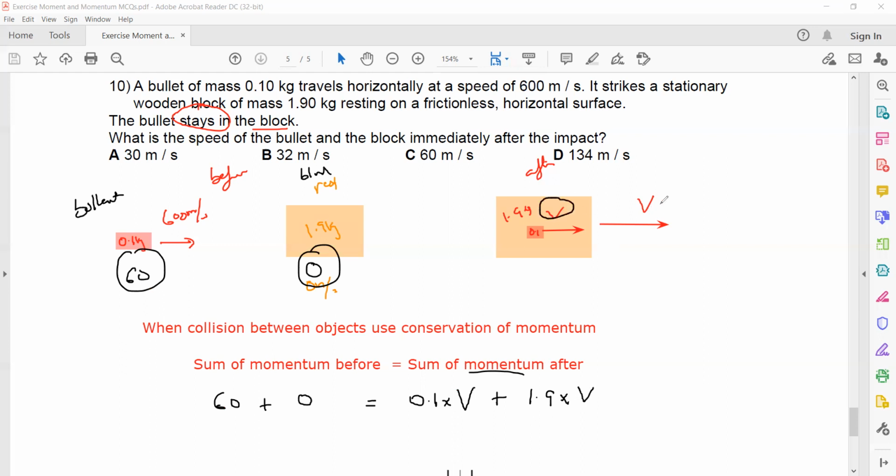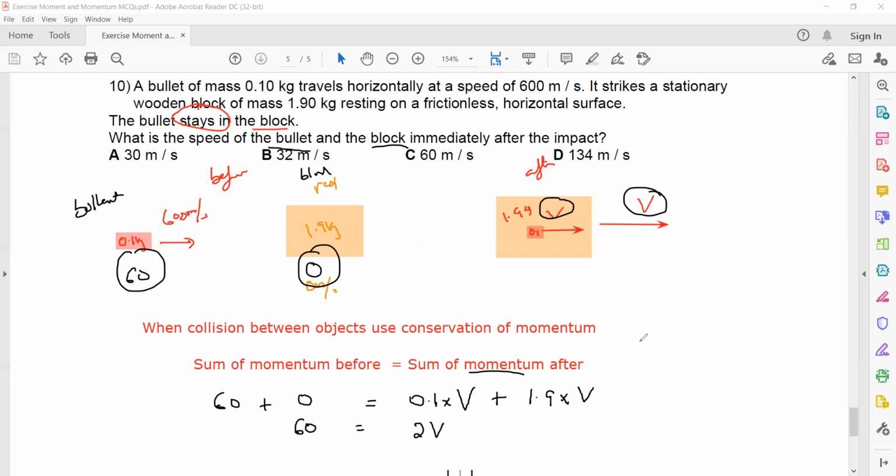Why do we take their velocities as the same? Because they mention in the question that the bullets stay in the block. So if the bullets stay in the block, the speed of the bullet and the block will be the same. So now we solve like a mathematical equation. 60 plus 0 is 60. 0.1v plus 1.9v is equal to 2v.